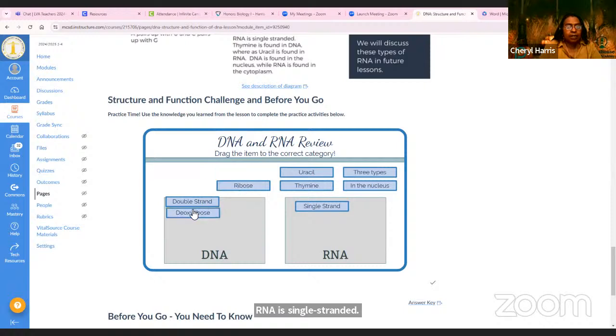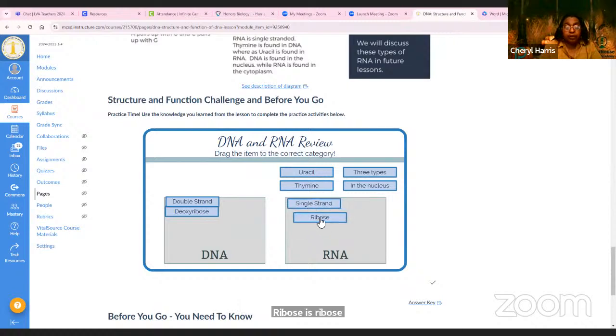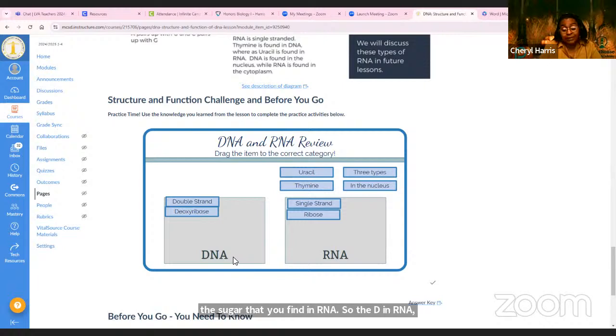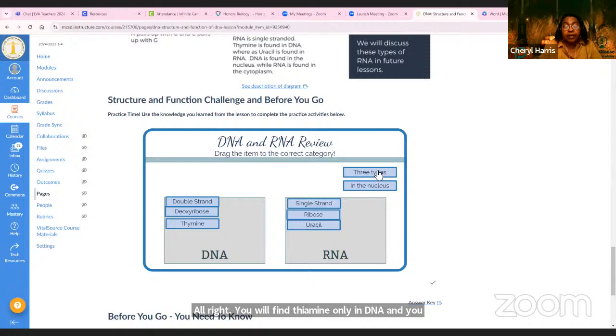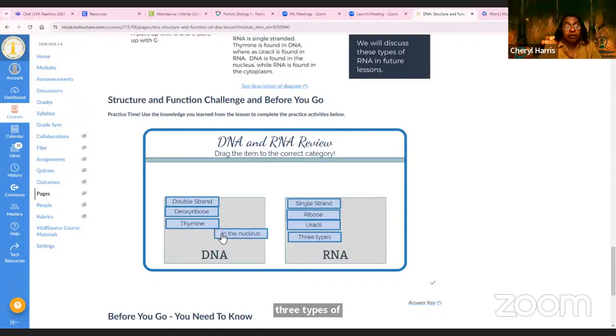DNA has deoxyribose sugar, and you need to know that that's a sugar. Ribose is the sugar that you find in RNA. So the D in DNA stands for deoxy, and the R in RNA is for ribose. All right, you will find thymine only in DNA, and you will find uracil only in RNA. And there are 3 types of RNA, and the DNA is only found in the nucleus. Okay, so you should have set yours up like that.